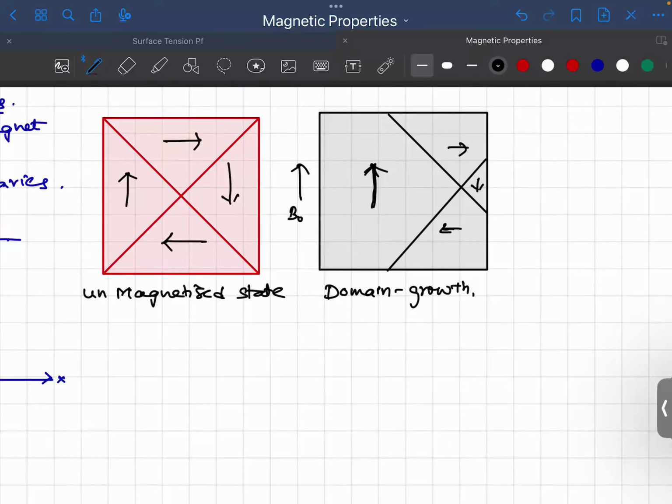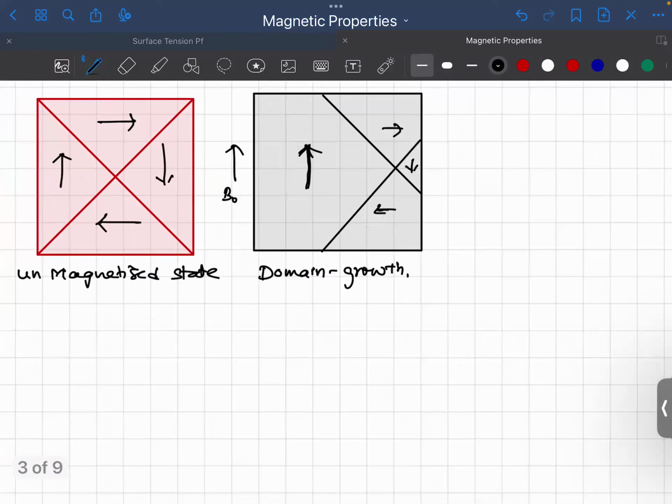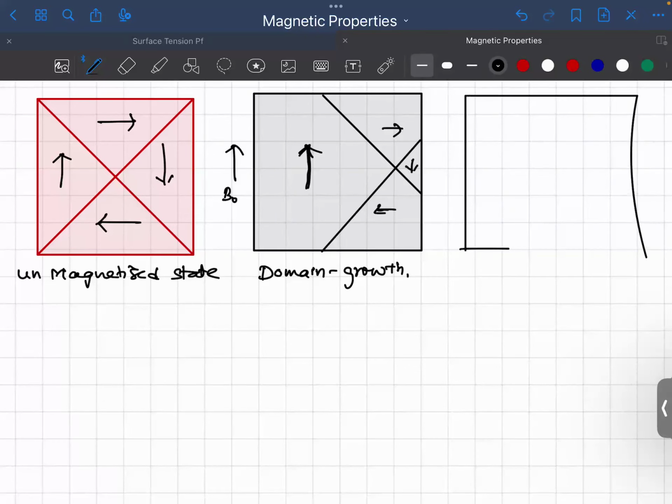The domain volume expands, meaning neighboring regions are merged into this domain, so that the entire volume will have a specific direction of dipole moment. Depending upon the relative strengths and the material, any of these two things is possible. So in the first case, the domain walls were moving.